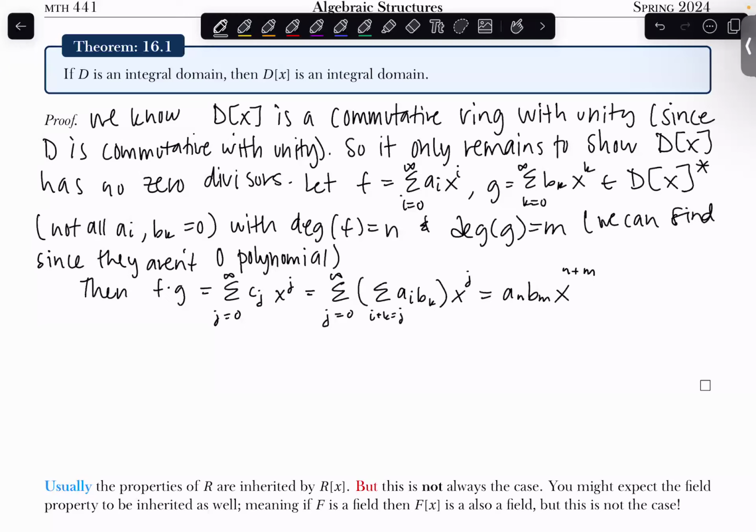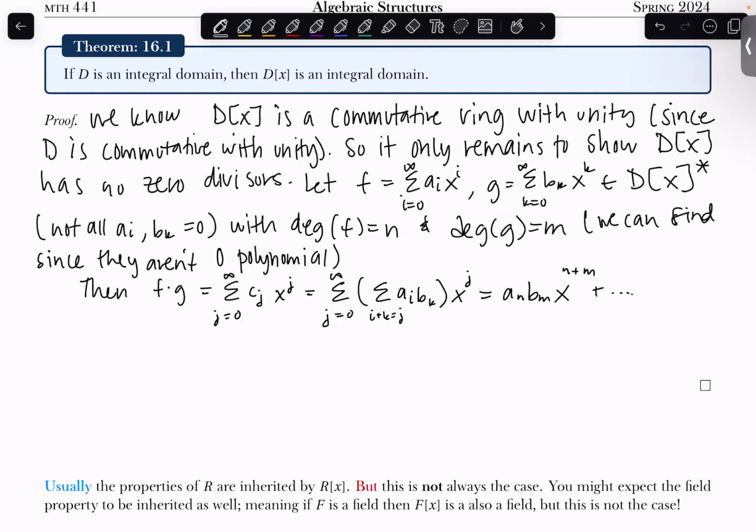Possibly the coefficients could give me back 0, but I know that's the biggest that could come up here, and I'll have some smaller terms. But for us, all we'll care about right now is what is this biggest one, and what's the possibility for the coefficient showing up here. Right? Because if I can show this coefficient is not equal to 0, and this is the biggest one, then my degree has to be n plus m.